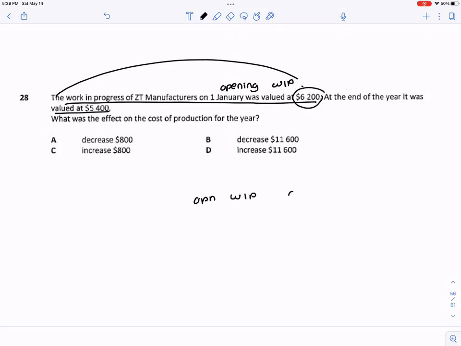Opening work in progress is 6,200 and closing work in progress is 5,400.